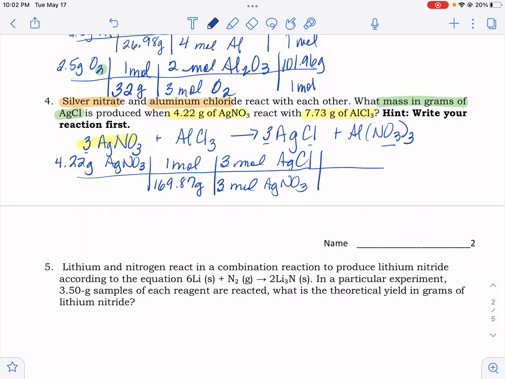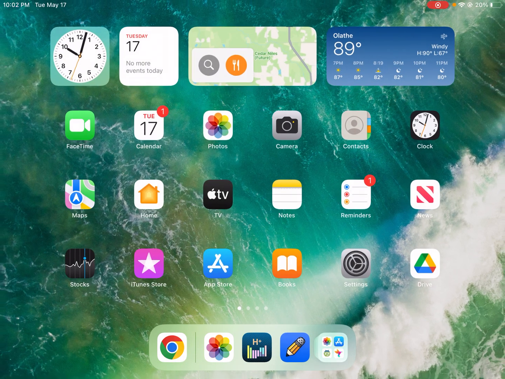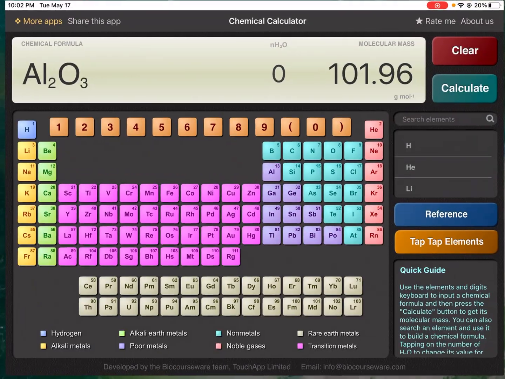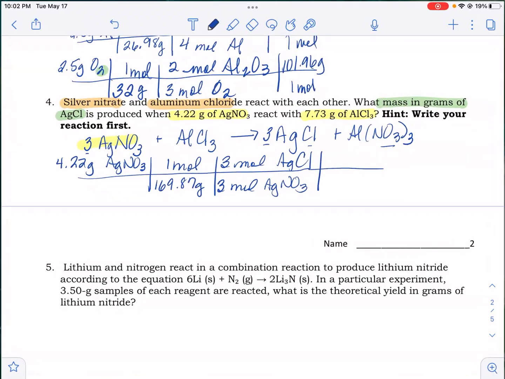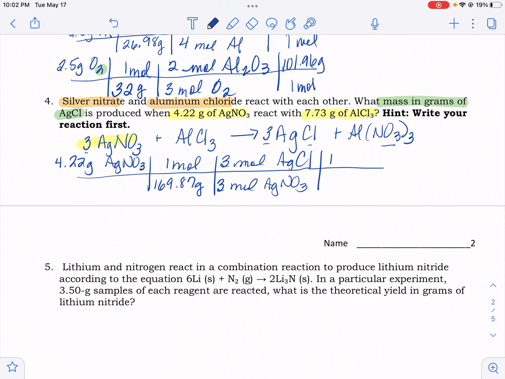And now we need to change back to grams because we've gone over the bridge. Silver chloride, AgCl, 143.32 grams per mole.